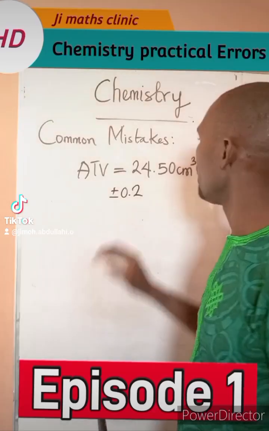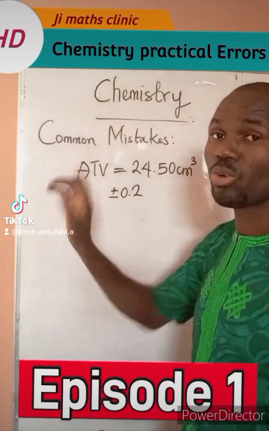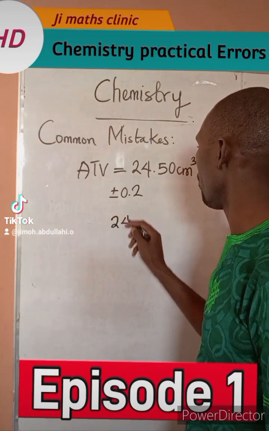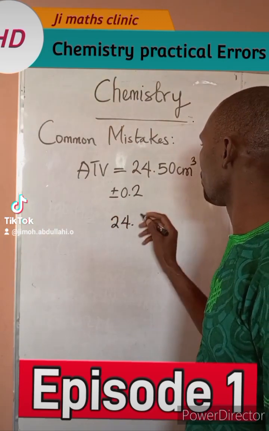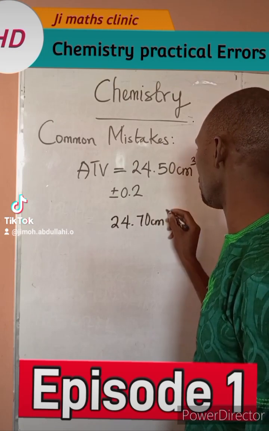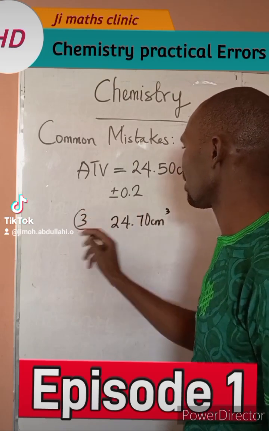For example, if you get 24.50 and add 0.2 to this, you have 24.70 cm3. This is 3 marks.